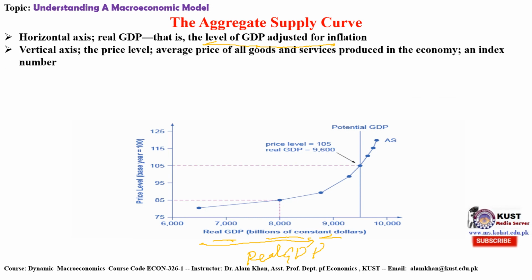While the vertical axis shows the average price level of all goods and services produced in the economy, as an index number. So in macroeconomics, normally we talk about average prices.